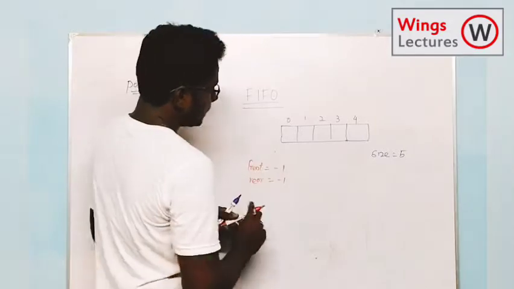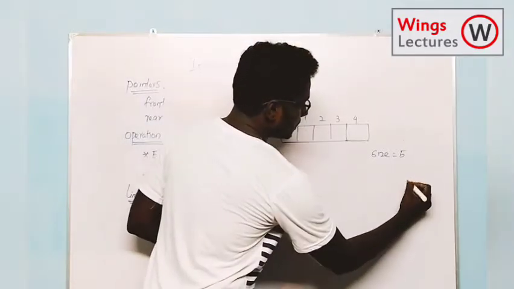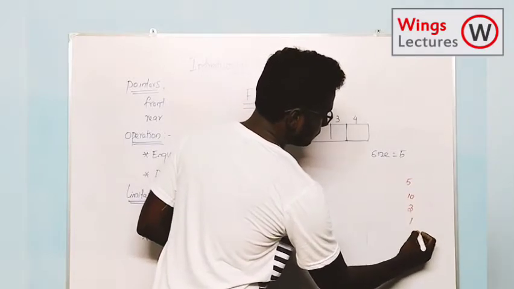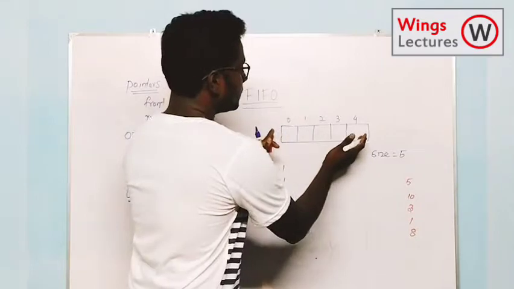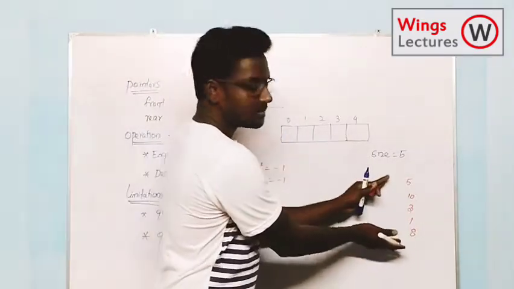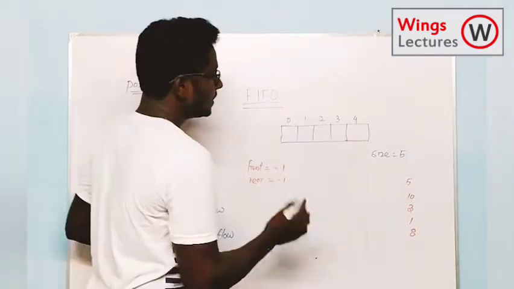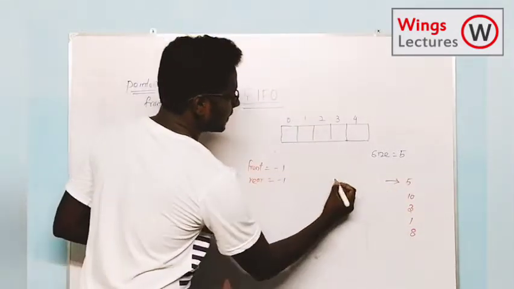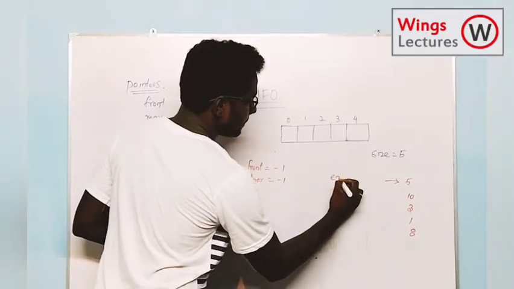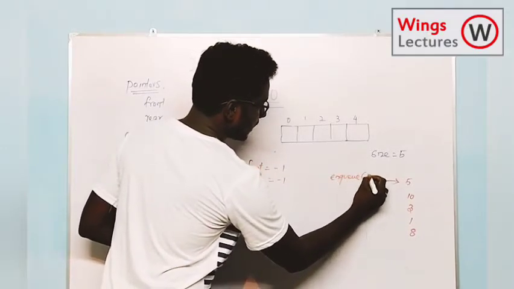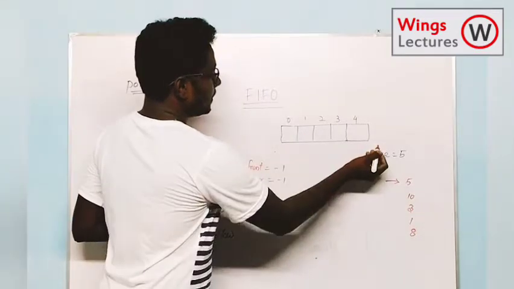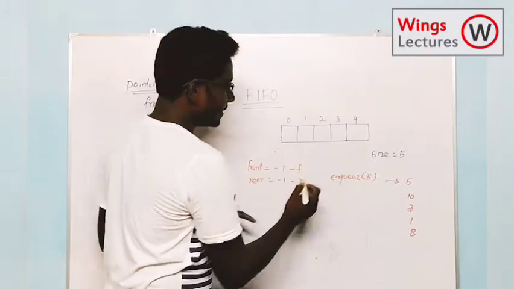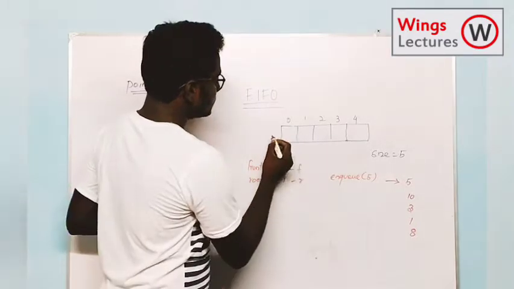Now here are the data I'm going to insert: 5, 10, 3, 1 and 8. Here the array size is 5, so I'm going to insert these 5 data into this queue. First I'm going to insert 5, which I can write as a function enqueue of 5. Initially I'm going to take the front pointer as f and the rear pointer as r.